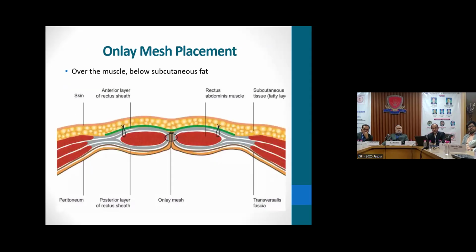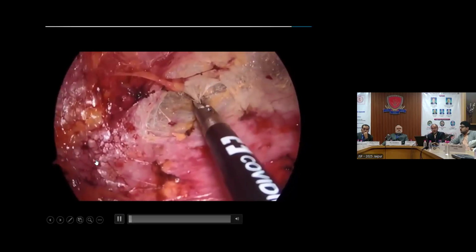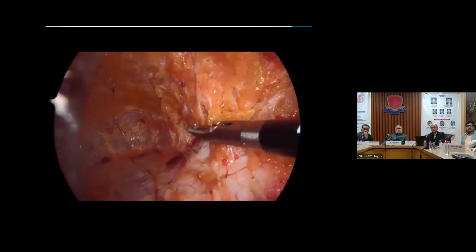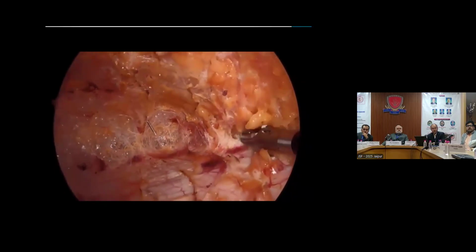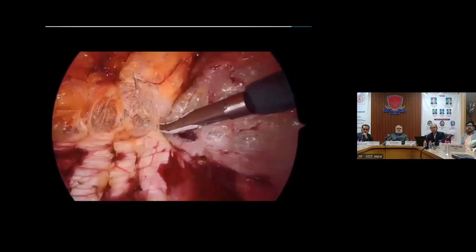Onlay mesh placement, we say, when we place the mesh on the muscle. So it is over the muscle, below the subcutaneous fat. Just to demonstrate what we mean by an onlay mesh, here we can see that a space is being created between the subcutaneous fat and the external oblique muscle.